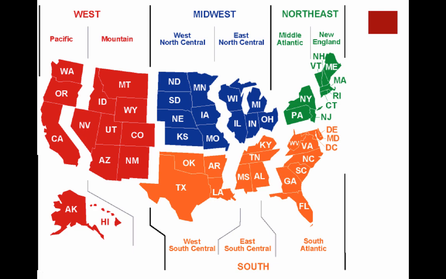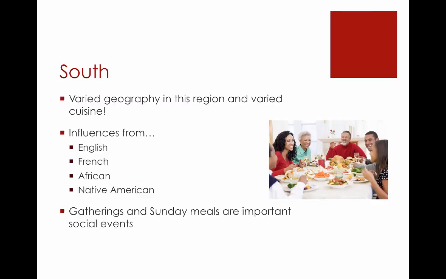And you will also see that the people groups who planted themselves in these different regions and subregions imparted a lot of different flavors and varieties. So major influences that we see come from the English, the French, the Africans, particularly slaves, right, and Native Americans.